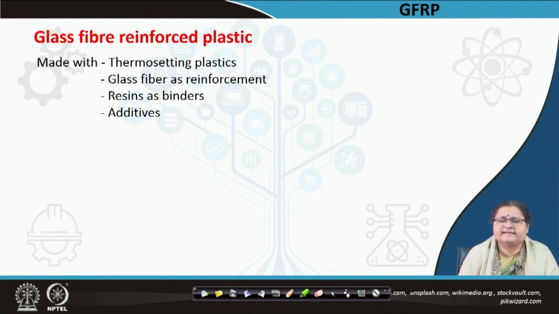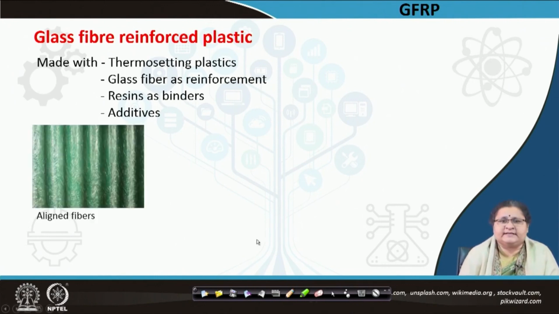Resins are the binders here, and you also can have additives, coloring agents, etc. How do they look like? Like this. Here you can see the fibers are aligned. Which fibers? The glass fibers. So, the glass fibers are in one particular direction.